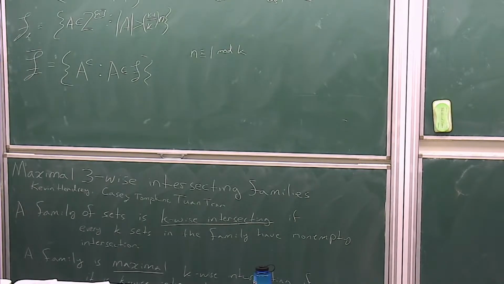And in general, the size is going to be much smaller, except in the case of pairwise intersecting families. So except in the case k equals 2, this family is much smaller than the previous one. I think that's clear to see.